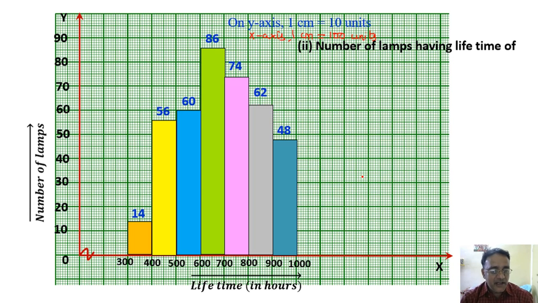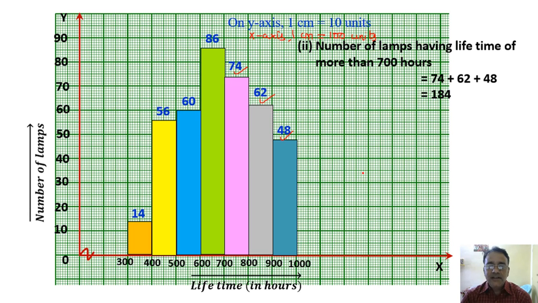How many lamps have a lifetime of more than 700 hours? 700 से ज्यादा. 74, 62, 48. We have to add all these. So how much are we getting? 62 plus 48 is 110, plus 74, 184. Right, 184. This is the final answer of the second part.